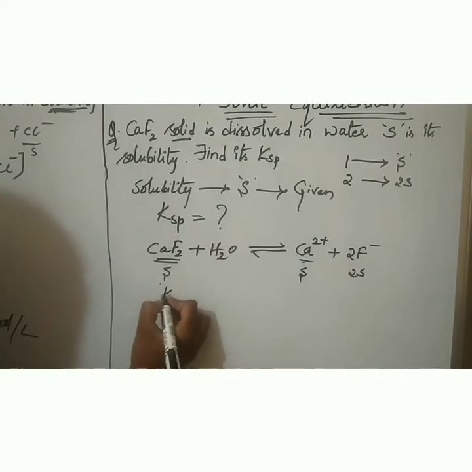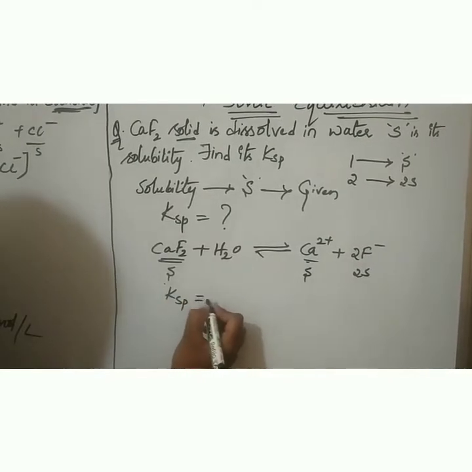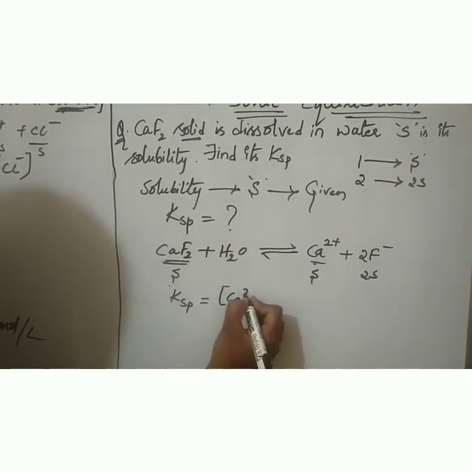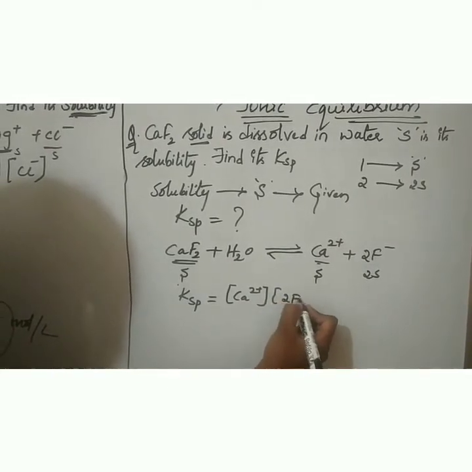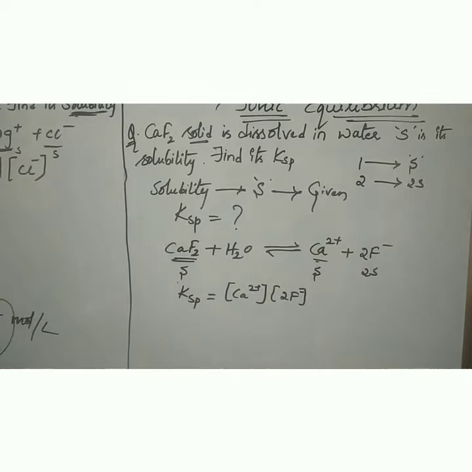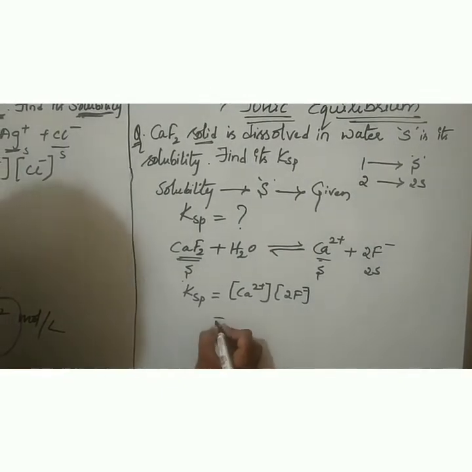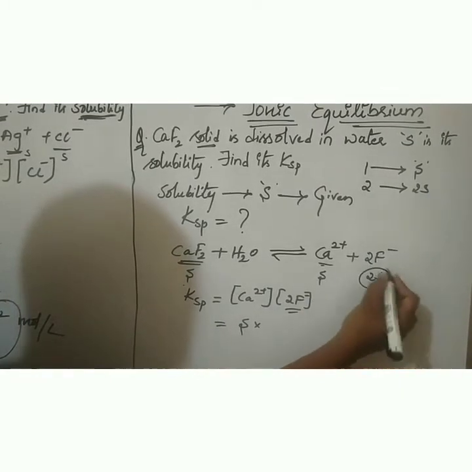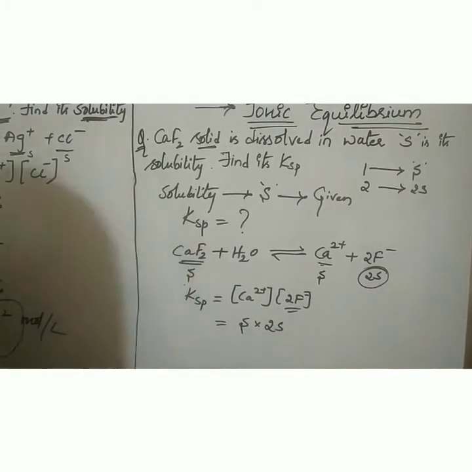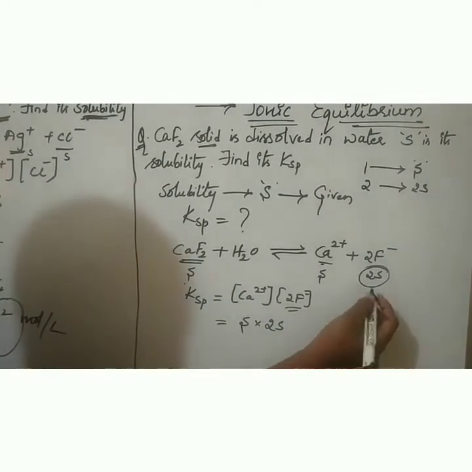Now, coming to the solubility product, Ca2 plus into F minus. Ca2 plus is S, into F minus is 2S.